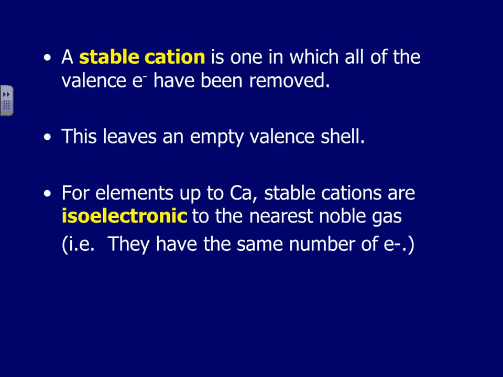Because magnesium has 2, then 8, then 2. When you make the stable ion and take the 2 away, it becomes the same as neon, 2, 8. So isoelectronic means same electrons. Actually, the term we use is electron configuration, the configuration or location of the electrons. Okay? All right.